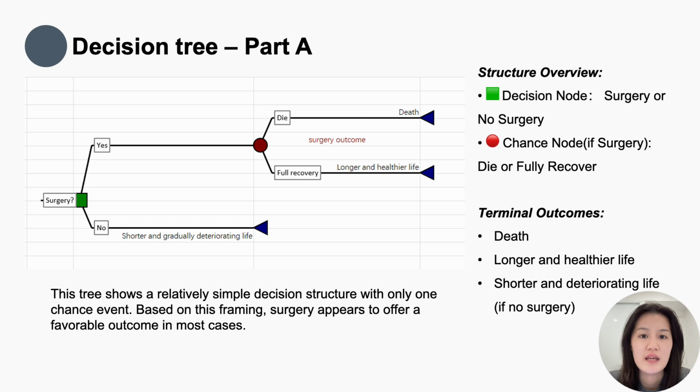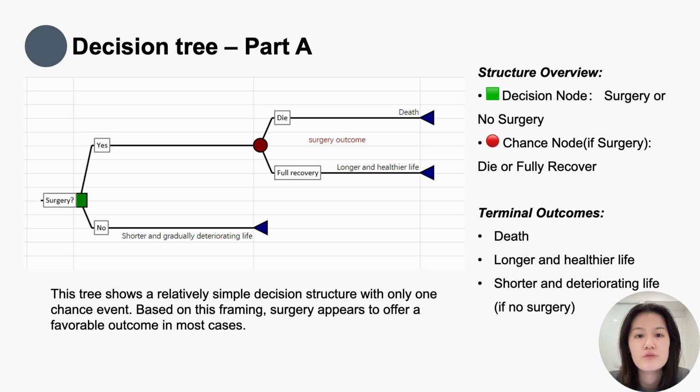Now that we've seen the influence diagram, we can also look at the decision tree for Part A. The Part A decision tree is very clear. The patient faces a clear choice: have surgery or not. If she chooses surgery, there are two possible outcomes: a small chance of dying during the operation and a high chance of full recovery, leading to a longer and healthier life.